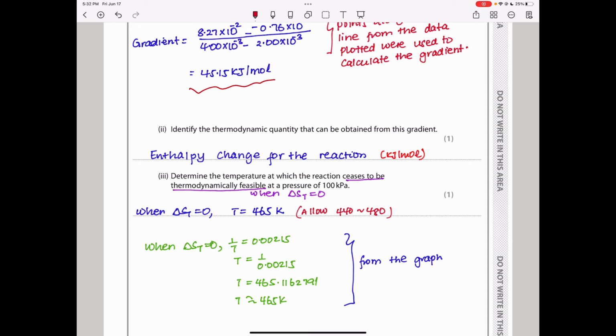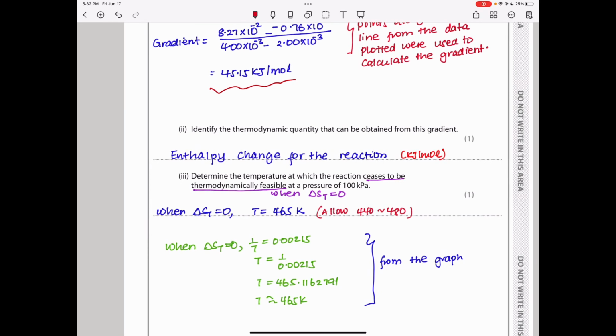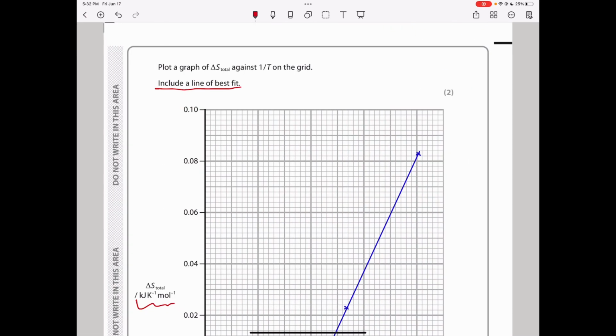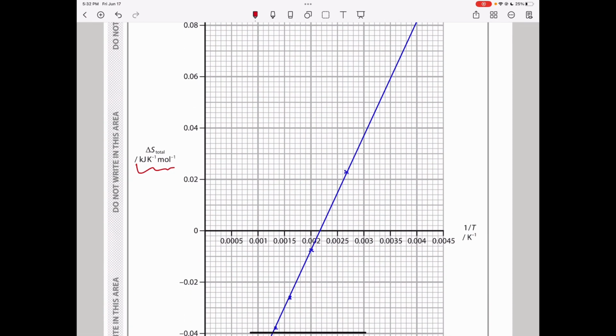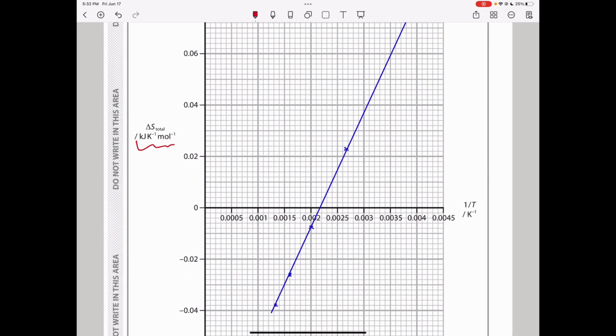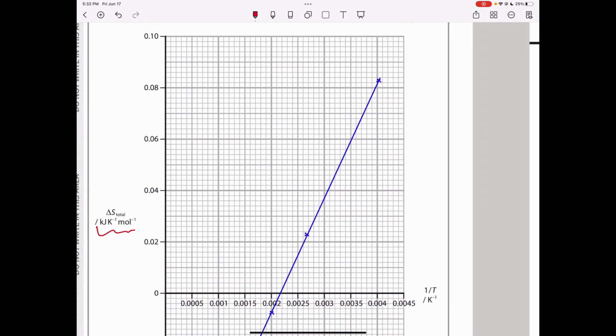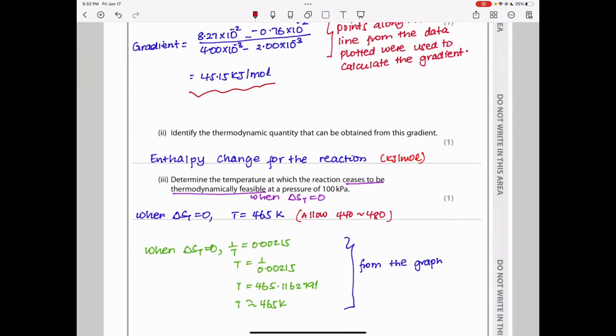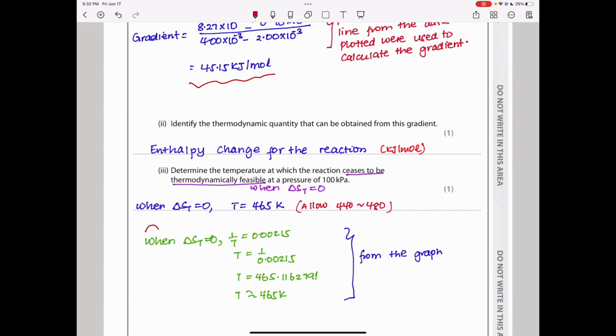So basically, let us go back. Looking at this data here, it ceases to be feasible when the S total is equal to 0. So at 1 over T, we have that point, and T is going to be 1 over that value.